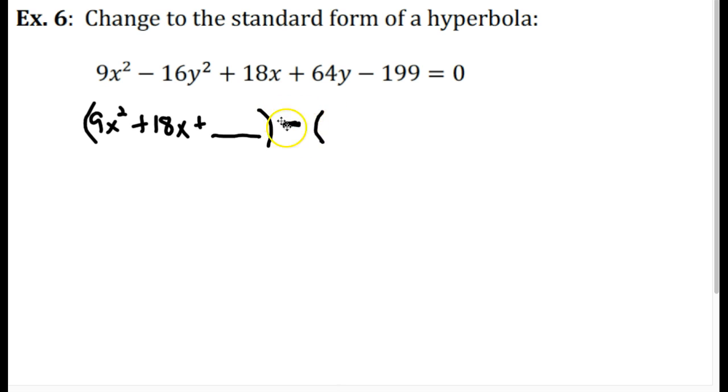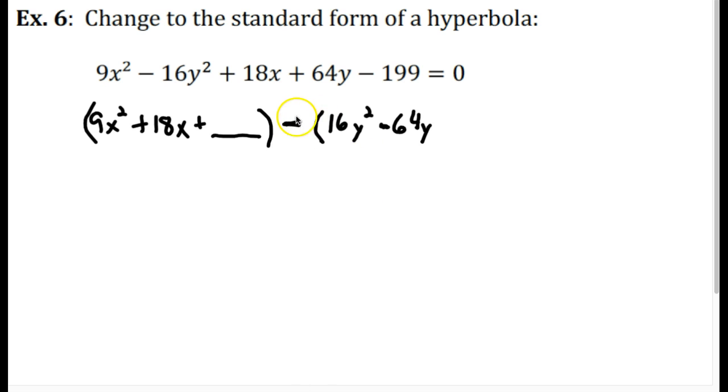If I'm bringing my negative sign outside of the parentheses here, my 16y squared would be positive on the inside. And then if my 64y was positive, it'll become negative. If I'm factoring out a negative sign outside of the parentheses, I'm essentially changing the sign on everything that was on the inside, right?